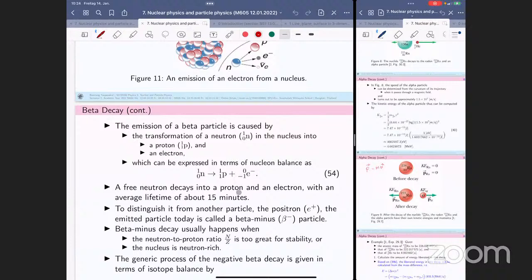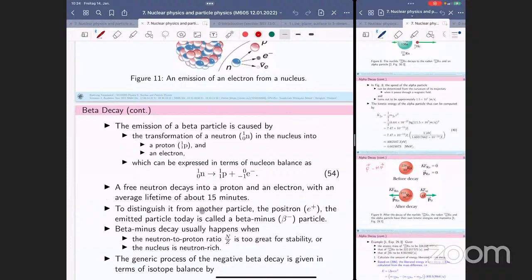A free neutron decays into a proton and an electron with an average lifetime of about 15 minutes. The neutron has a lifetime of only around 15 minutes. It's going to be converted to a proton and an electron.